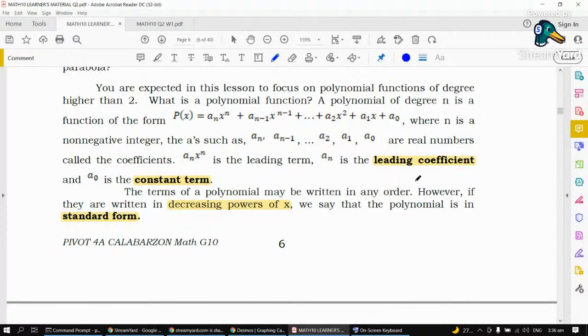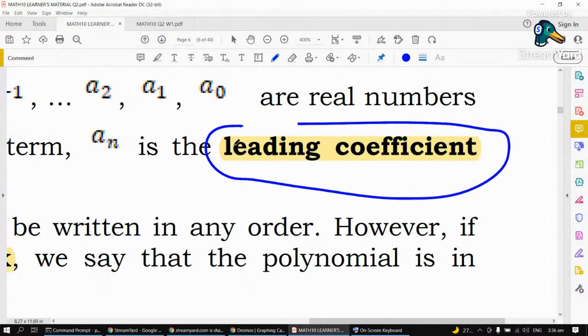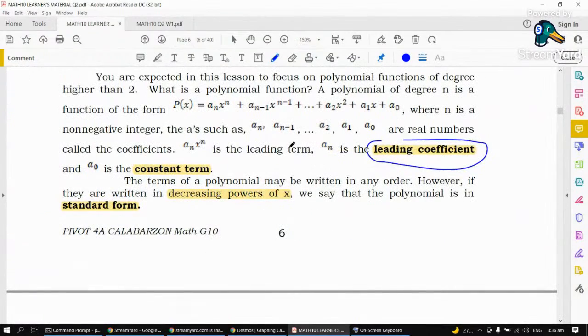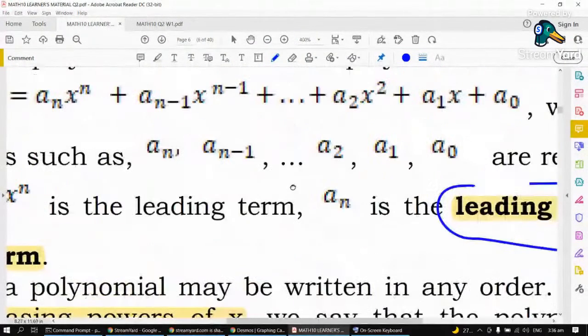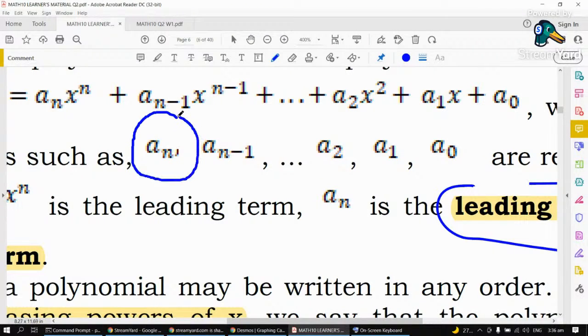So, meron tayong tinatawag dito na leading coefficient. Pag sinabing leading coefficient, kung meron kong mga plus minus dito, plus x, minus x, 2 minus x, 3 plus x, ang leading coefficient is yung nasa pinakauna.